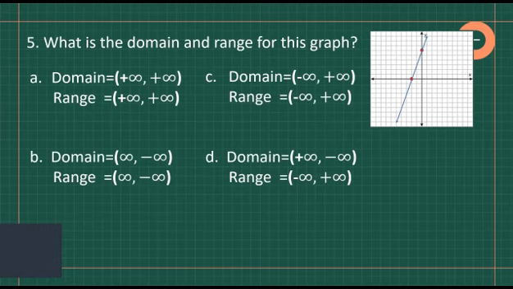And letter C, the domain is negative infinity, positive infinity, range is negative infinity and positive infinity. Or letter D, the domain is positive infinity, negative infinity, and range is negative infinity or positive infinity. If your answer is letter C, you're correct.